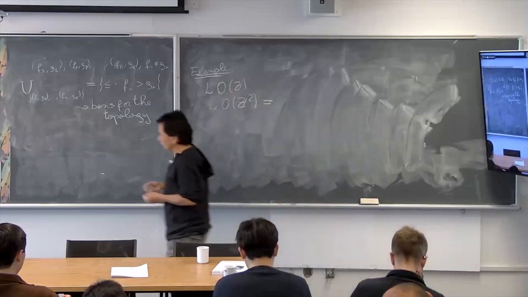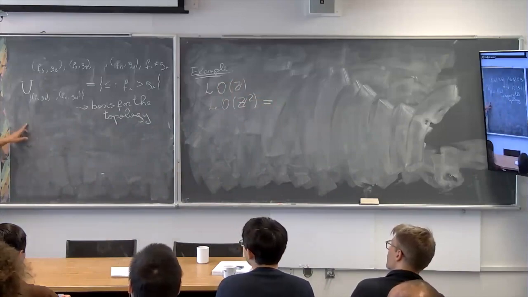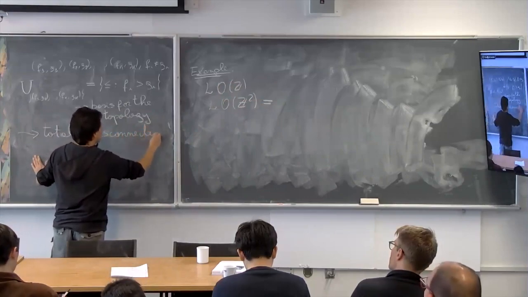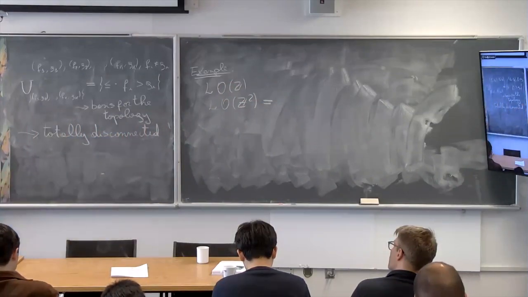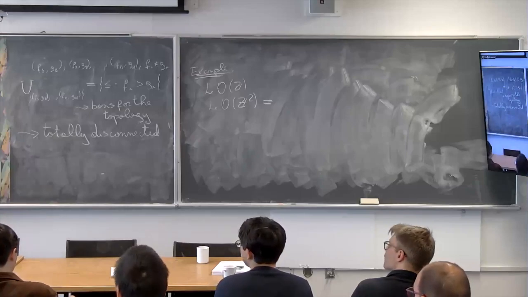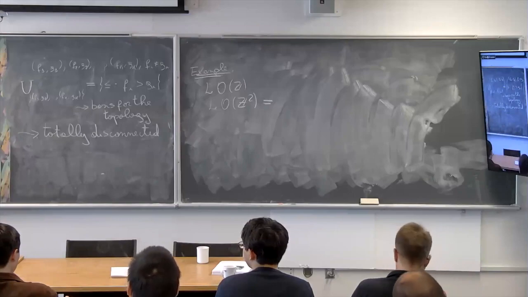And the point now is the following. It cannot be the circle because this space is totally disconnected. Okay. And why is it totally disconnected? Because if you have two orders which are different, this means that there is an inequality which is satisfied for one and which is not satisfied for the other one. And this gives you an open set in which the first order is and where the second order is not. So this disconnects the space. Yes, so these basis elements are also closed.